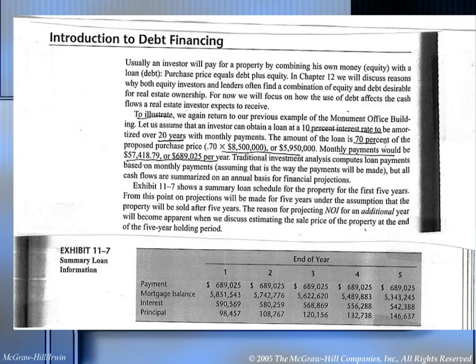Okay, so when you're filling in this table to use below, you have to be careful on how to get these numbers. They're not just saying for 20 years calculate the payment. They are finding a monthly payment and then multiplying that monthly payment times 12 to get the payment you have here, the $689,000. So you need to be careful on that. Okay.